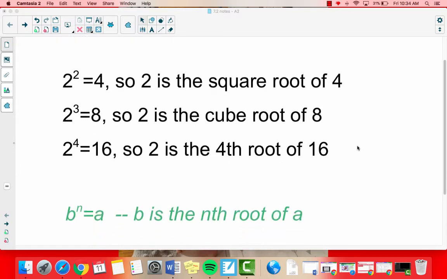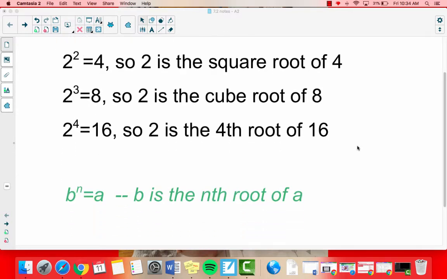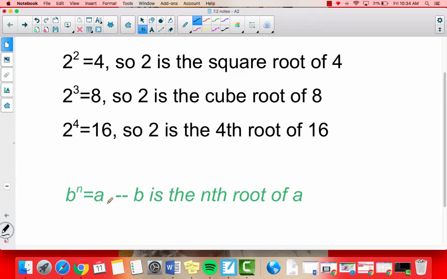All right? Now, in more of a general term, I went ahead and typed this here. This is for any number, and this concept can work for anything. We'd say b to the n equals a, and so we could rewrite that as b is the nth root of a, if we were going to write this in terms of roots. Now, we can go back and forth between the notation.